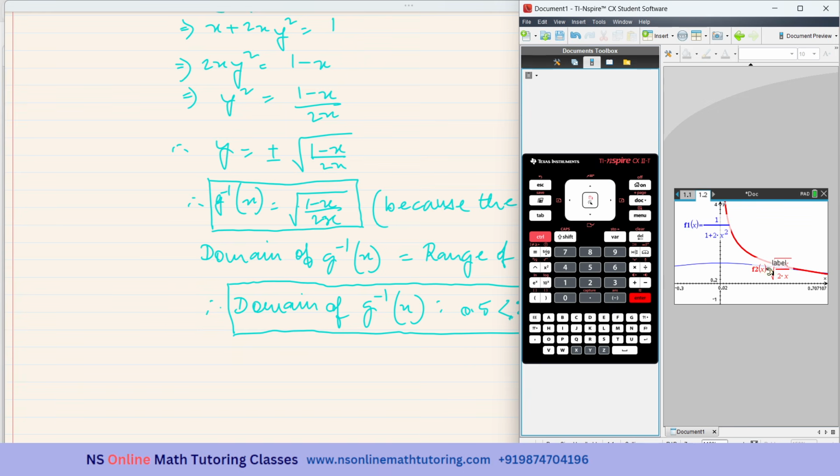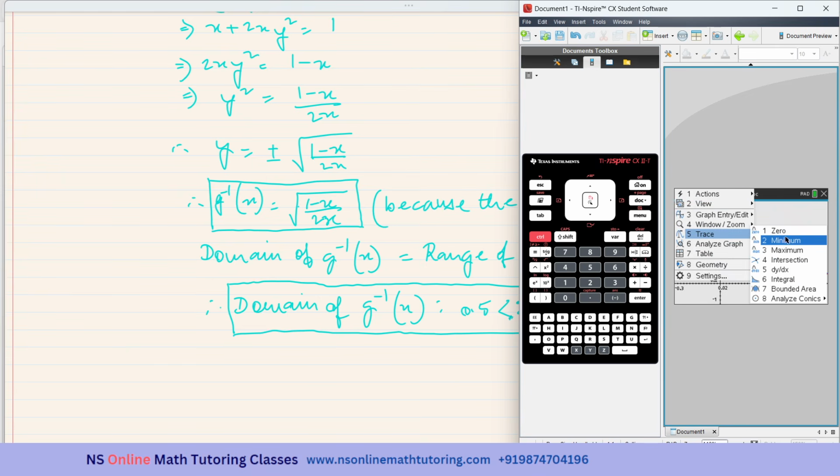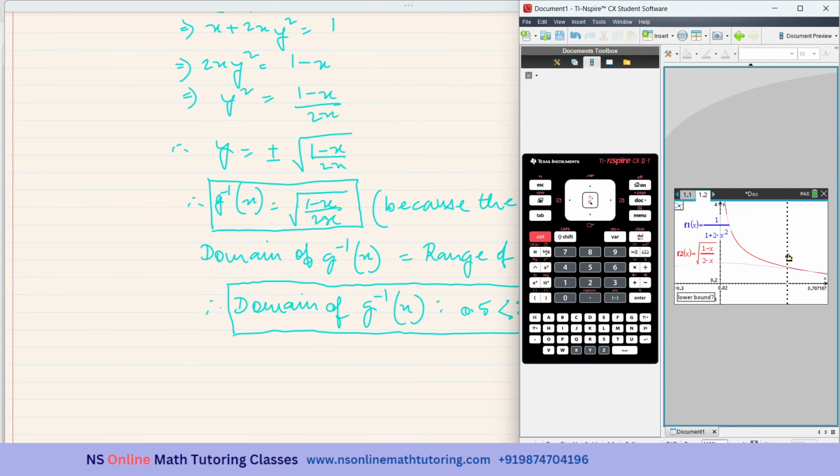Enter. And we have to get the intersection point. So analyze graph and intersection. It is this one.